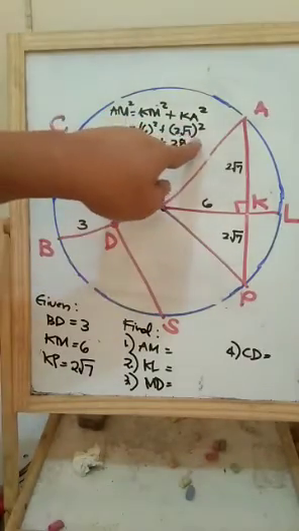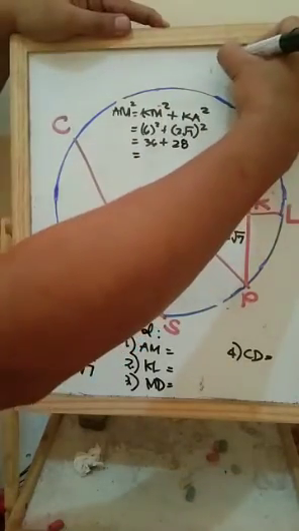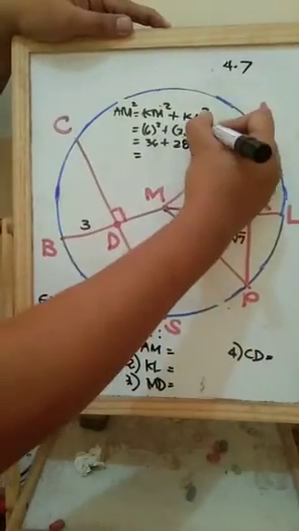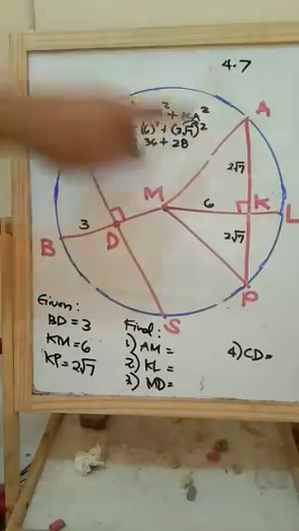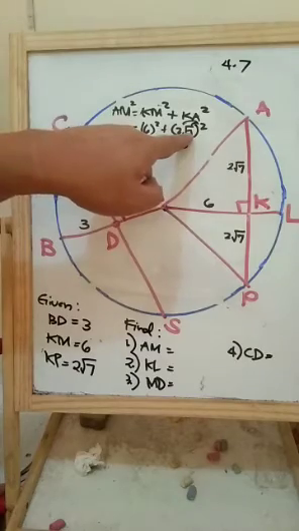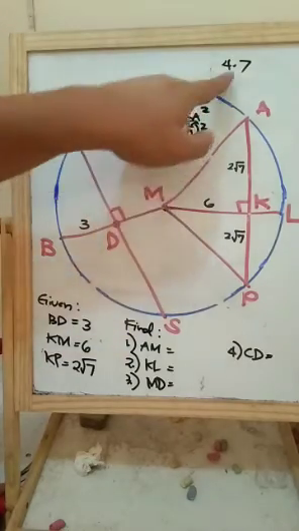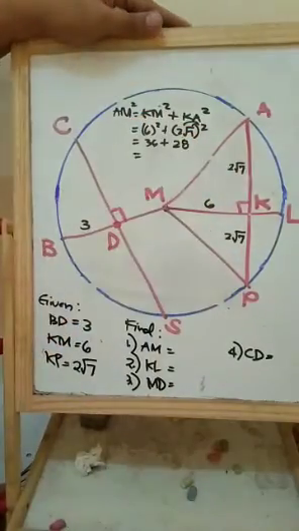Pwede itong kunin sa calculator na lang kung nahihirapan kayo. Actually, this is 4 times 7 kasi makakancel. I-distribute mo kasi yung square. So, 2 squared is 4. Square root of 7 squared, syempre, makakancel yung square root symbol, so 7 na lang siya. So, 4 times 7 is 28. Doon mo nakuha yan.